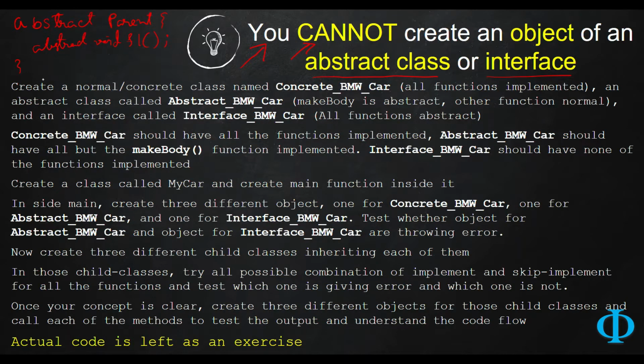Now if you want to create an object of the parent class, let's say the name of the class is parent and the name of the object is p, p equals new parent, this line will throw an error.